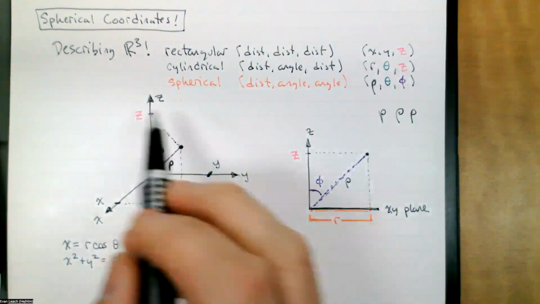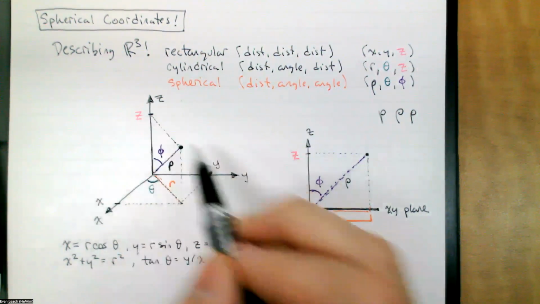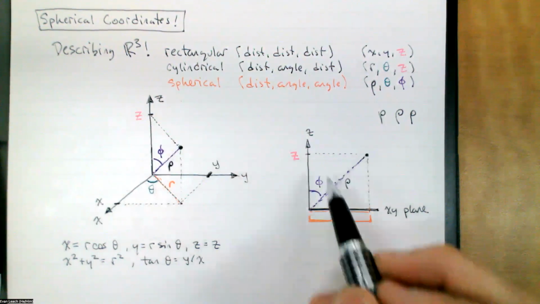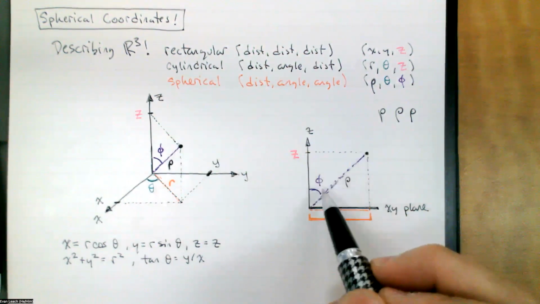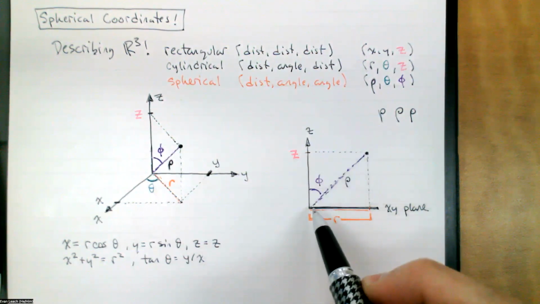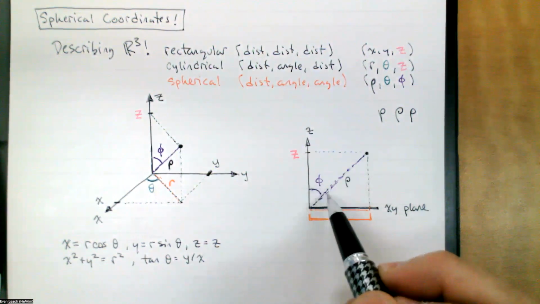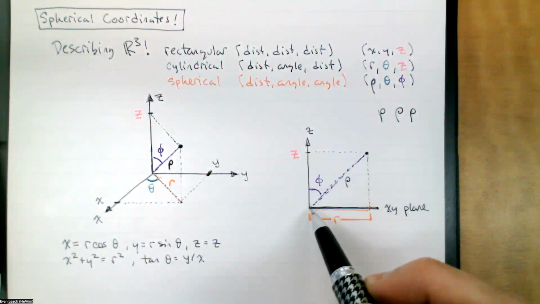Once we pull out this plane, it's a little bit easier to see that down here is r, and up here we can also see r. So we see that this distance r is opposite phi. And in this triangle, we've got z adjacent, r opposite, and rho the hypotenuse with an angle of phi.